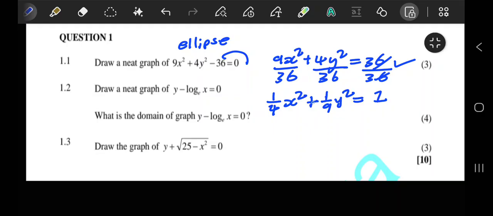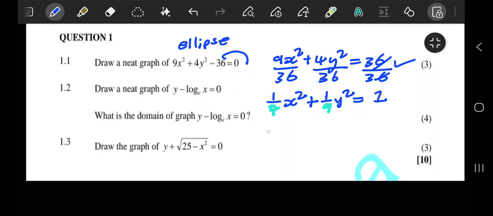So basically, when it comes to an ellipse, we are focusing on these bottom numbers. On these bottom numbers, guys, is what you're focusing on. You have to express these bottom numbers as powers. Let me not confuse you.